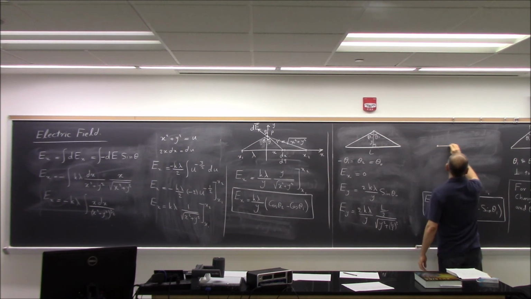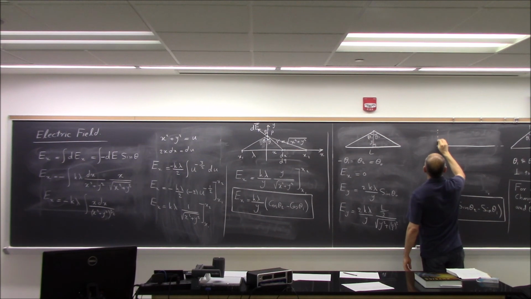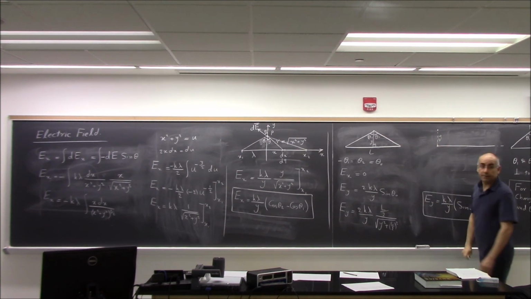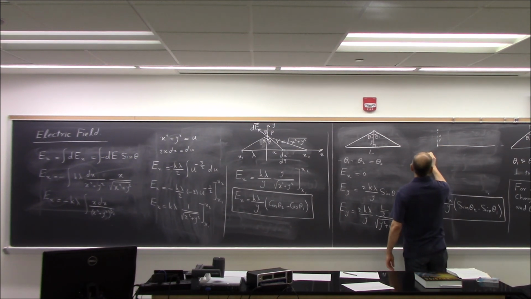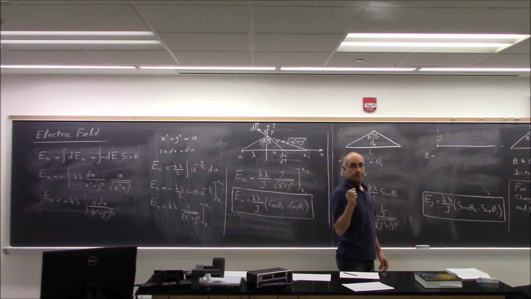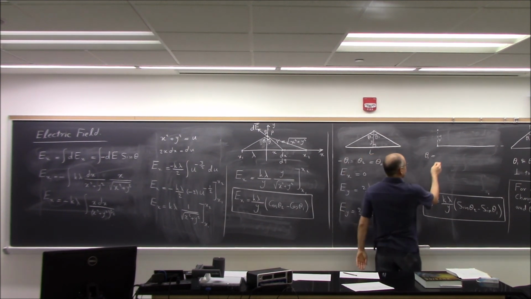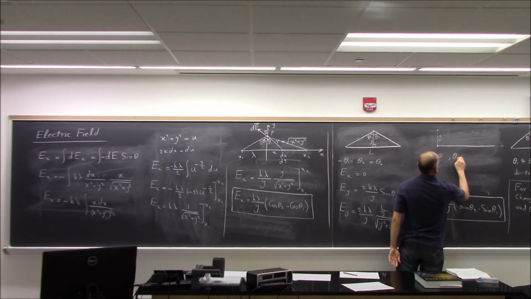If you have a semi-infinite line of charge, it goes to infinity, and you are at distance y from the end of the line. In this case, theta 1 is what? The angle to the beginning from the perpendicular is 0, right? And theta 2 is 90 degrees.